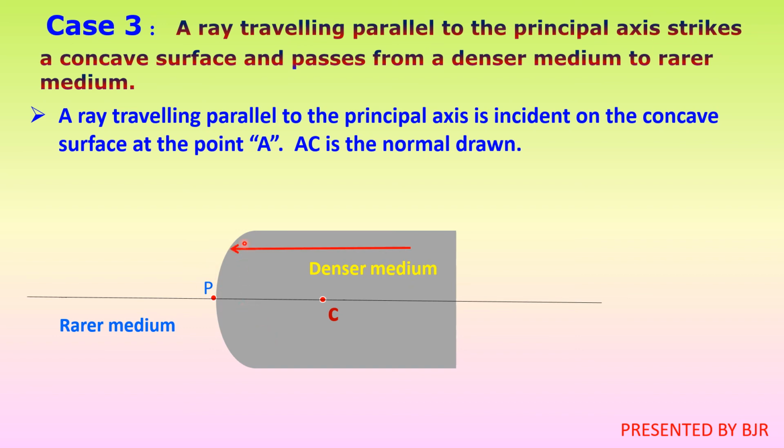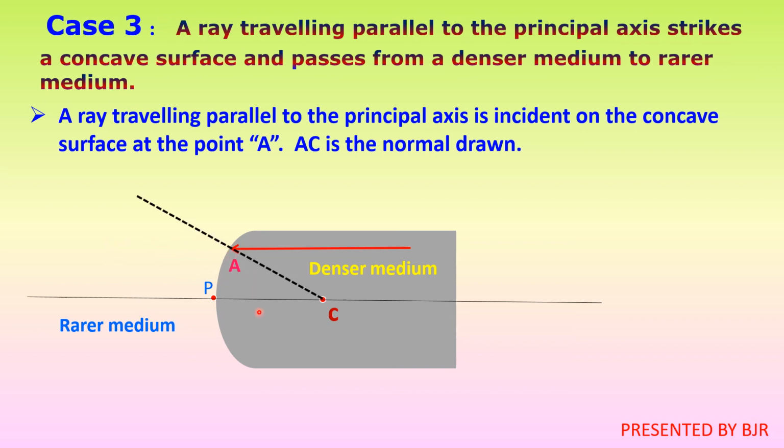Now you can say that with respect to this incident ray, this curved surface is the concave surface. Okay, now it is the concave surface. So this ray is incident at this point A. So A is the point of incident. In order to know the direction of the refracted ray, we have to draw the normal first. So this is the normal drawn at this point.